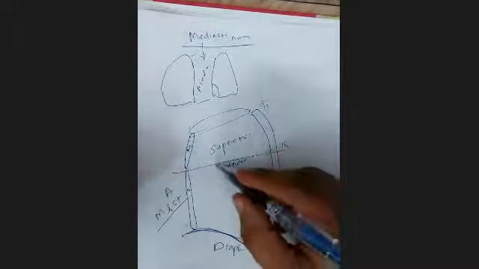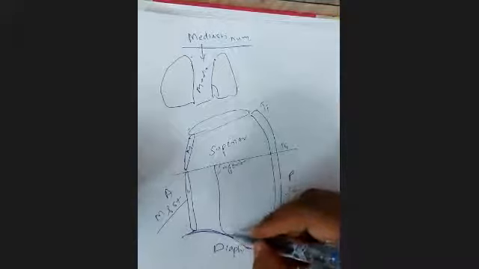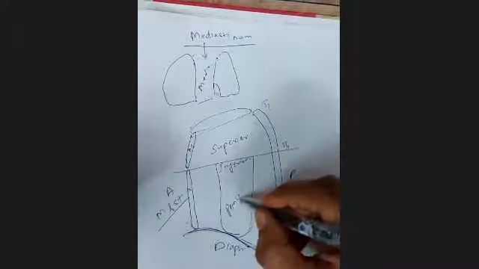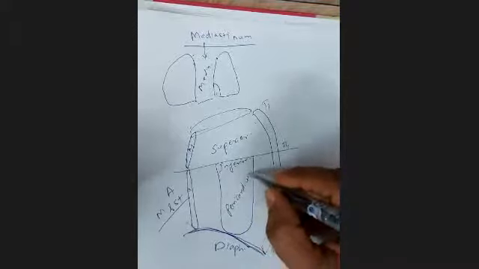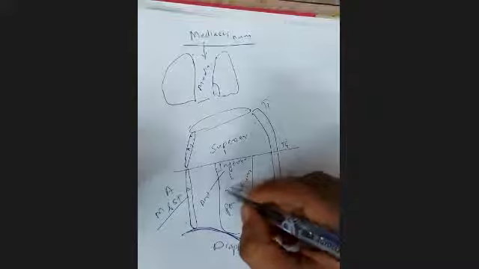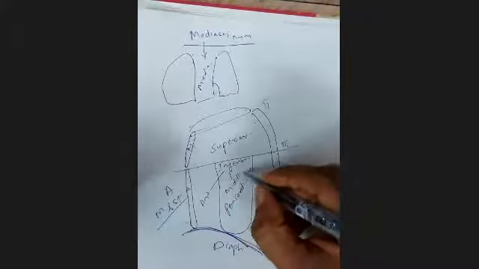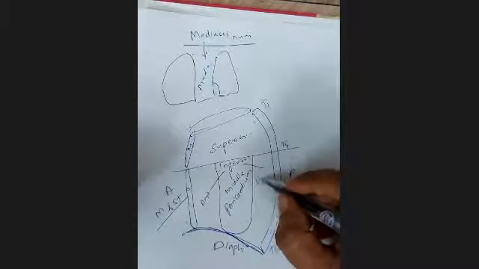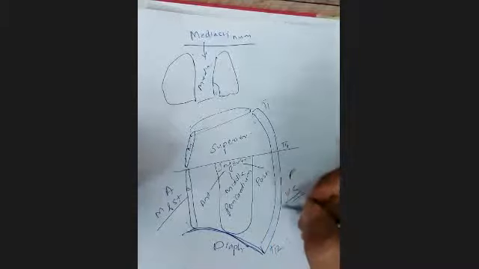This inferior mediastinum is divided, due to the presence of pericardium, into three parts. Anterior mediastinum; the pericardium and its content form the middle mediastinum; and behind the pericardium is the posterior mediastinum.